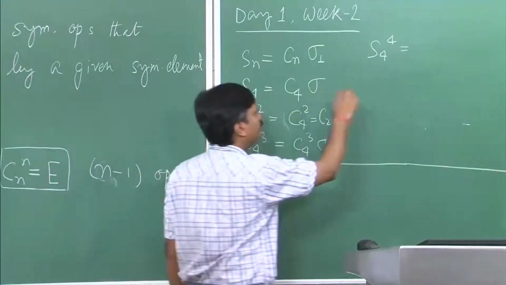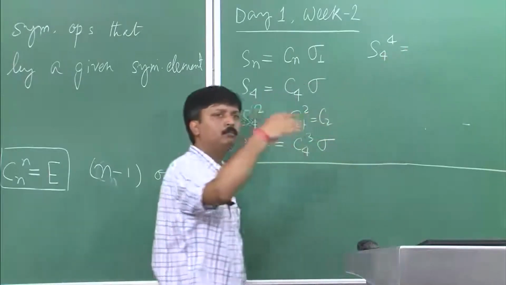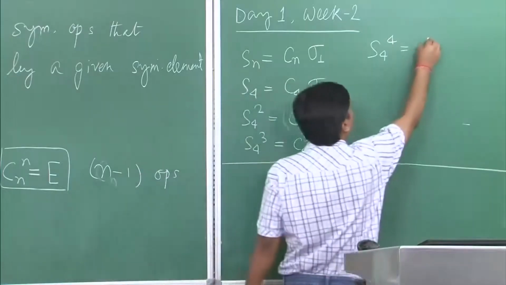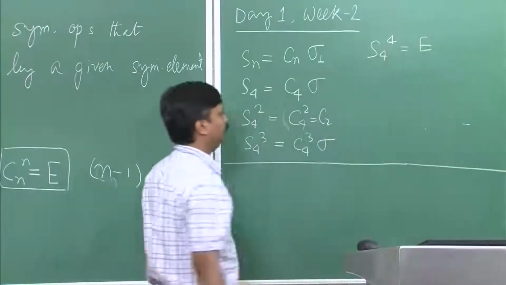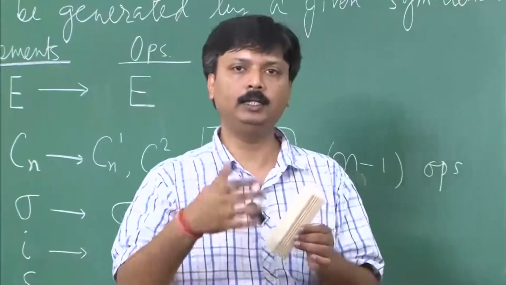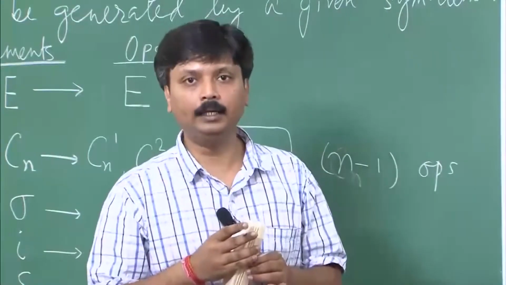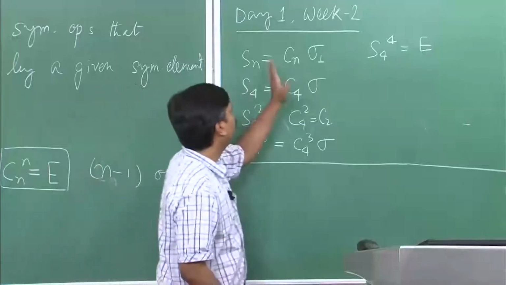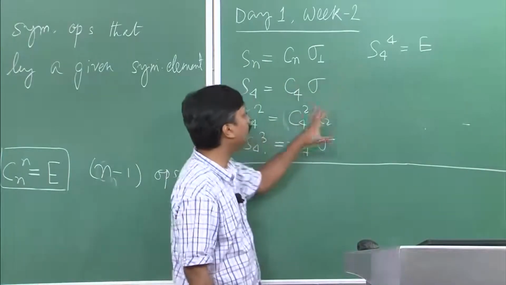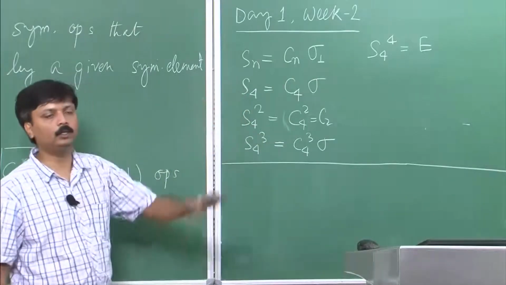So that is not going to give me anything, and sigma to the power 4 is also identity. So S4 to the power 4 is identity. All right. Now we have said that for any given symmetry element, we start generating the symmetry operations until we reach the identity operation, and we have reached there. So here this S4 generates 4 operations, out of which one is identity and 3 others are symmetry operations by themselves.